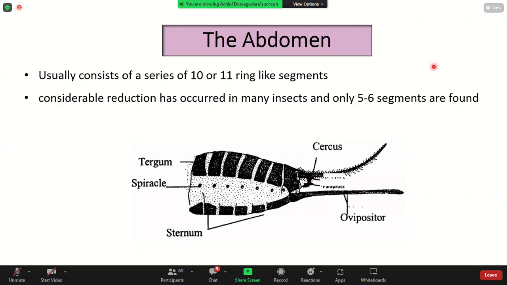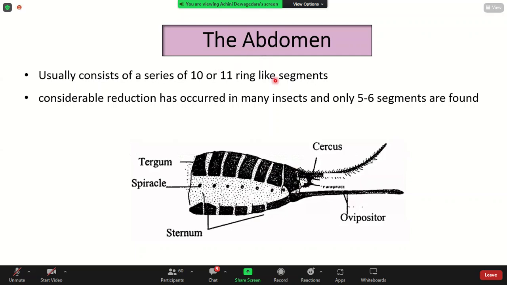So, generally, the abdomen is responsible for bearing most of the internal structures like the blood circulatory system, respiratory system, digestive system. Externally, there are limited body parts available in the abdomen, and the abdomen also consists of different segments.